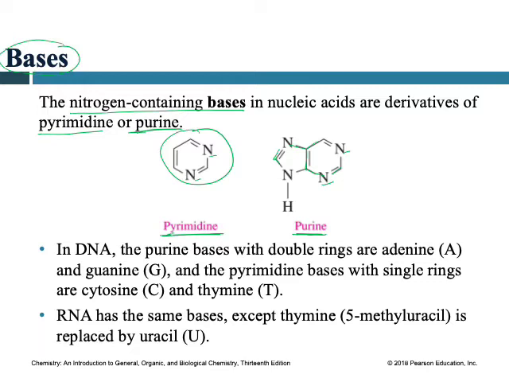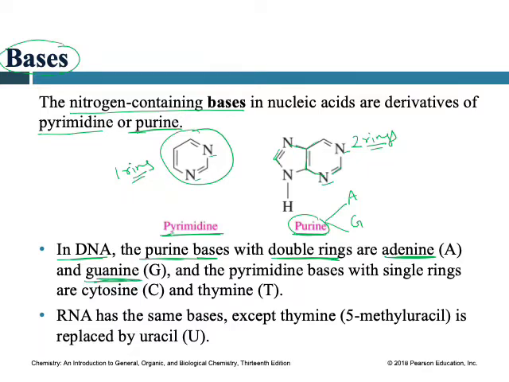In DNA, purine bases have double rings, meaning purines have two fused rings, whereas pyrimidines have only one nitrogen-containing ring. There are two types of purine bases, A and G. A is adenine, G is guanine.